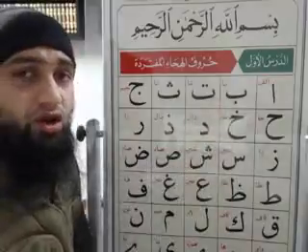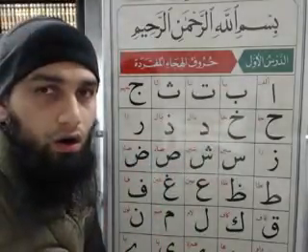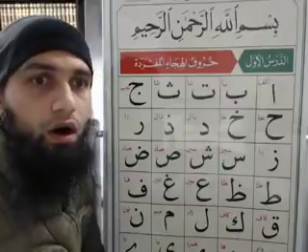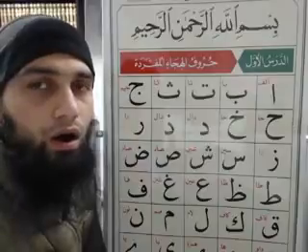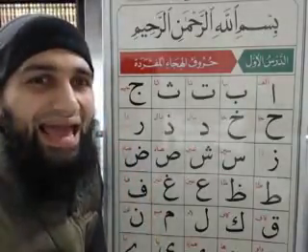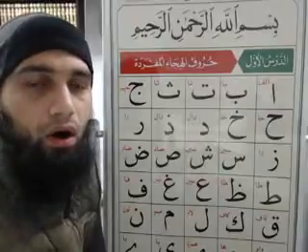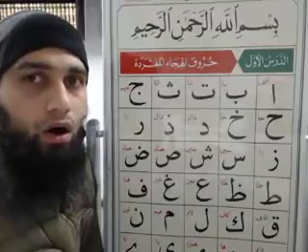As with alif, make it long but it's heavy sound, not light. Kha, kha, kha, kha, kha. You see how I'm keeping the sound inside the mouth? It's heavy. I don't say light kha. I say heavy kha.